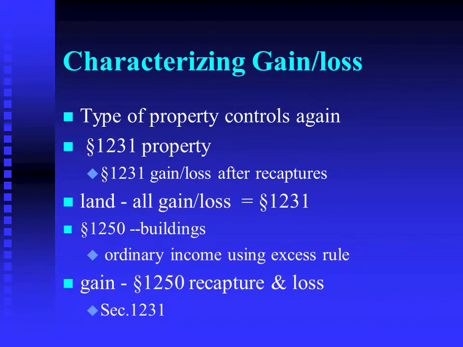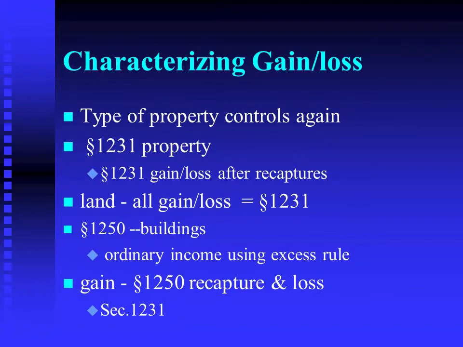The gain on buildings are section 1250 property, reduced by the recapture, and any losses from buildings, because these recapture rules you're going to see only apply to gains, that will be called section 1231 gain. So I know it gets a little confusing. A building used in a trade or business or rental more than a year is 1231 property.